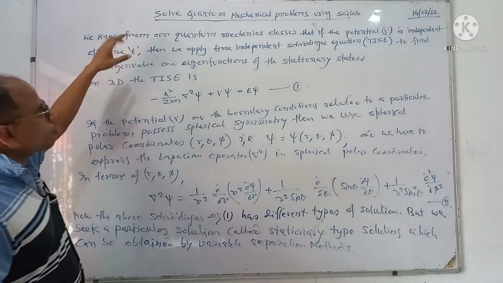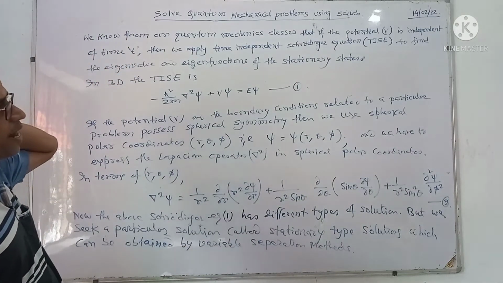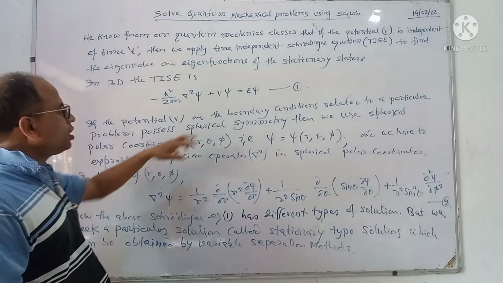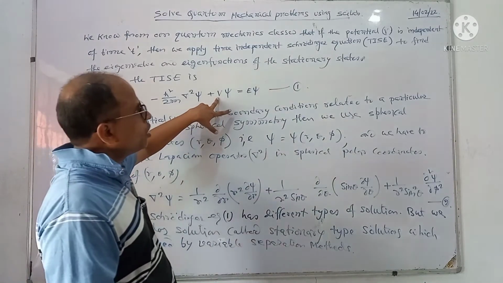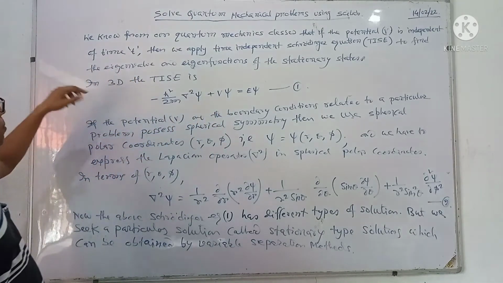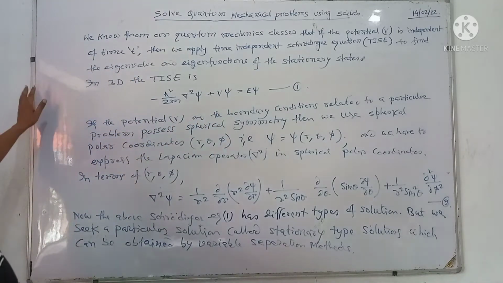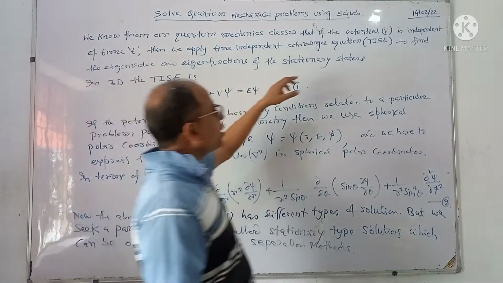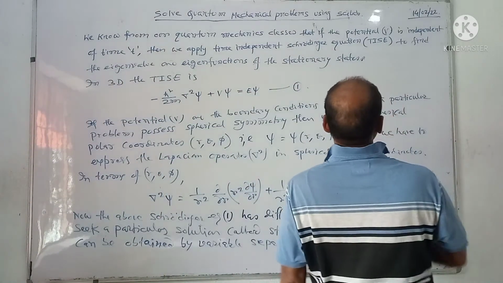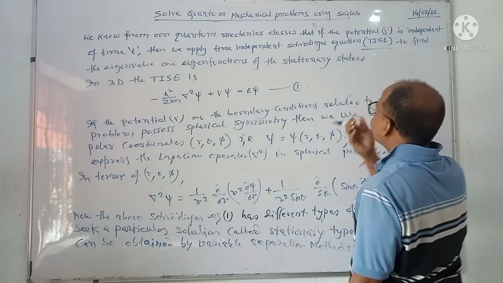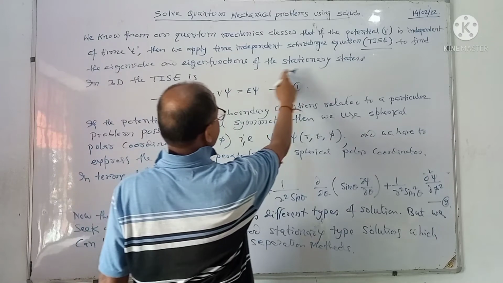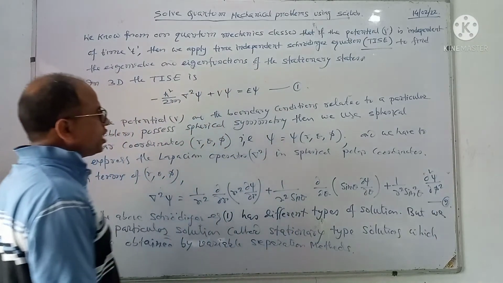We know from our quantum mechanical classes that if the potential V is independent of time, then we apply the time independent Schrodinger equation, TISE, to find the eigenvalues and eigenfunctions of the stationary states.